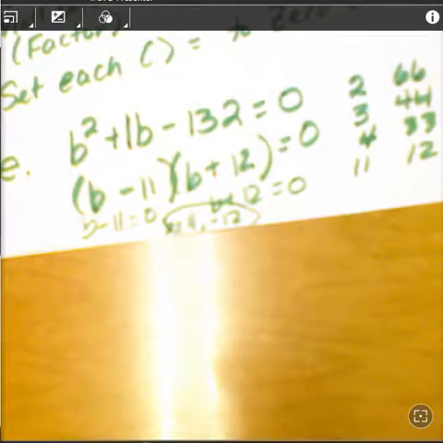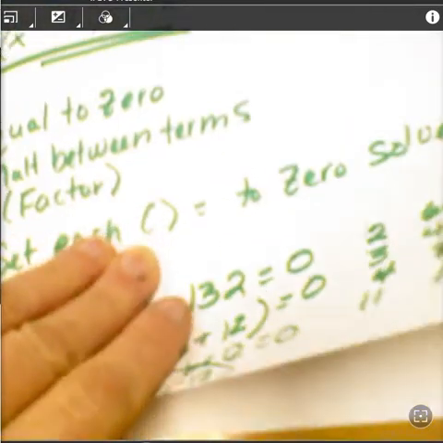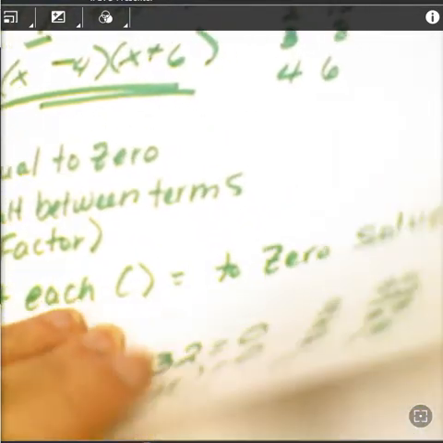The last part of the homework, we're skipping that next section and just going down to the bottom where it says factor and solve each equation. Now these are a little bit more difficult only because there is a term in front of that x squared.